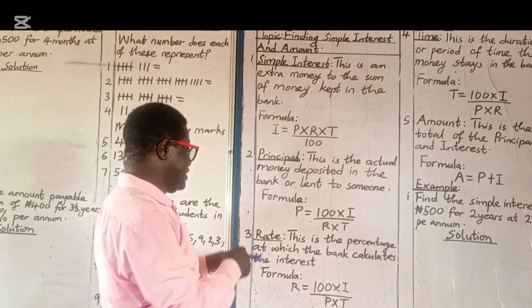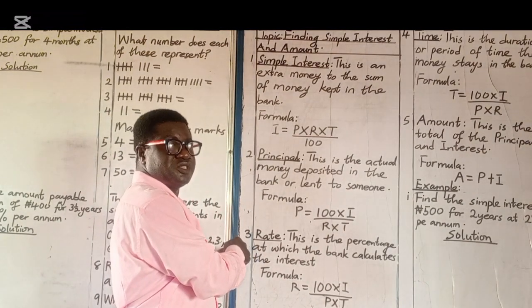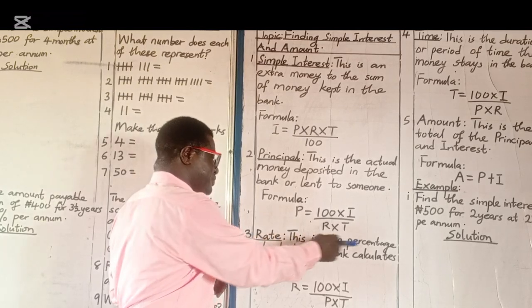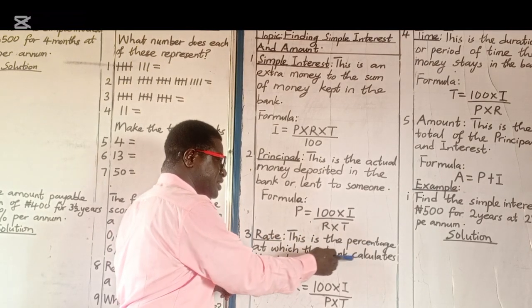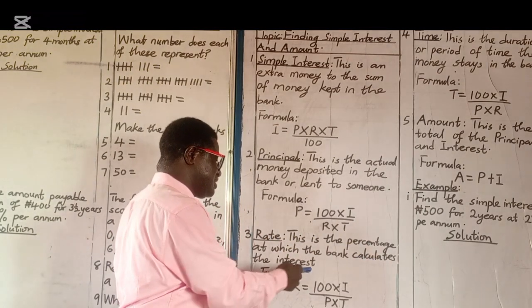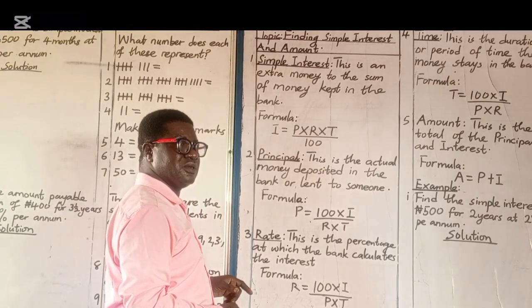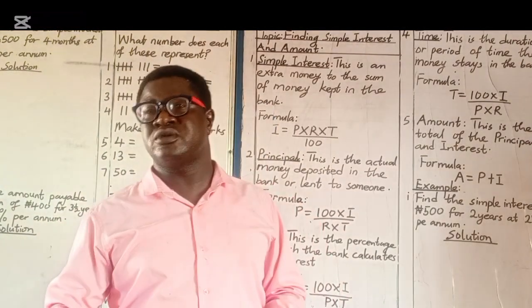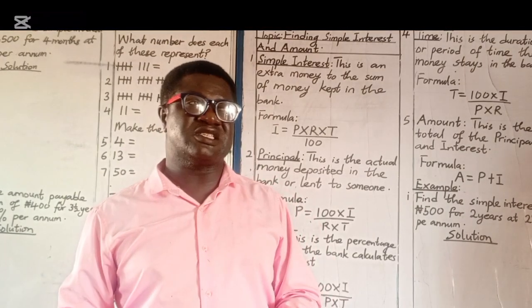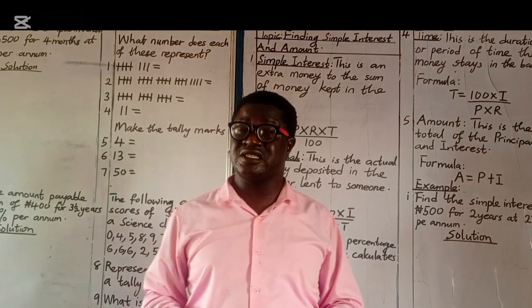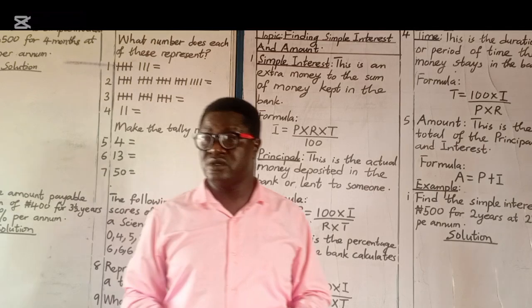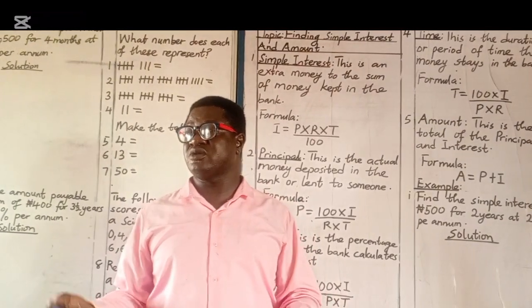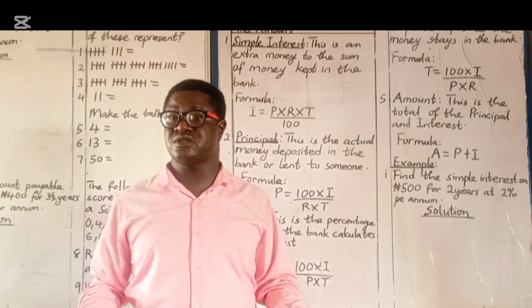Okay? Now the next one, which is rate. Rate is the percentage at which the bank calculates the interest. So interest varies from bank to bank. The rate that First Bank may use may be different from the one that GT Bank will use.